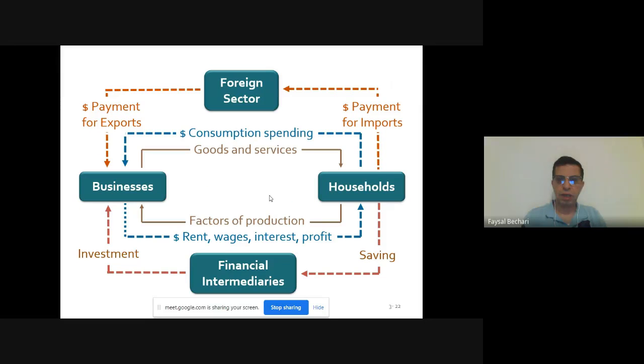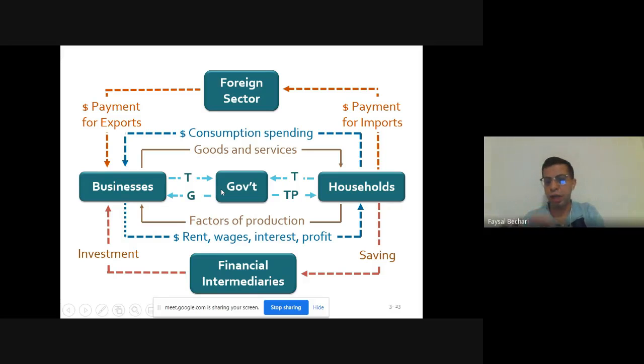So once again, the household, when they consume the international product, has to import it from the foreigner sector. And if you're exporting to the foreigner, the payment goes into the business. Also for the financial intermediaries, if you are the household and you're saving from your income, you put it in the bank, and the bank will be investing in business.